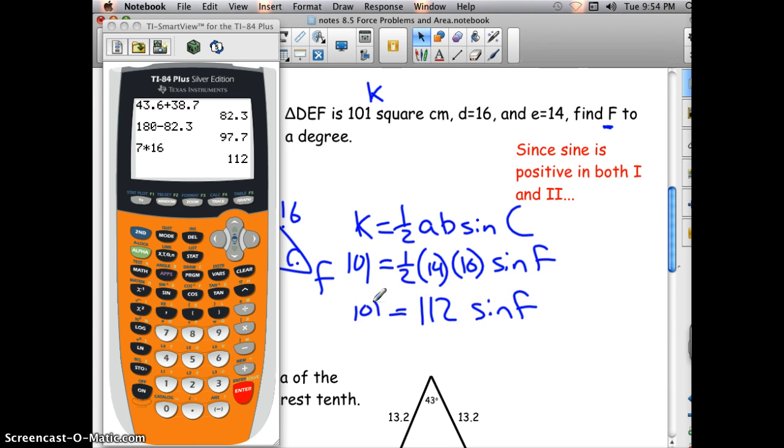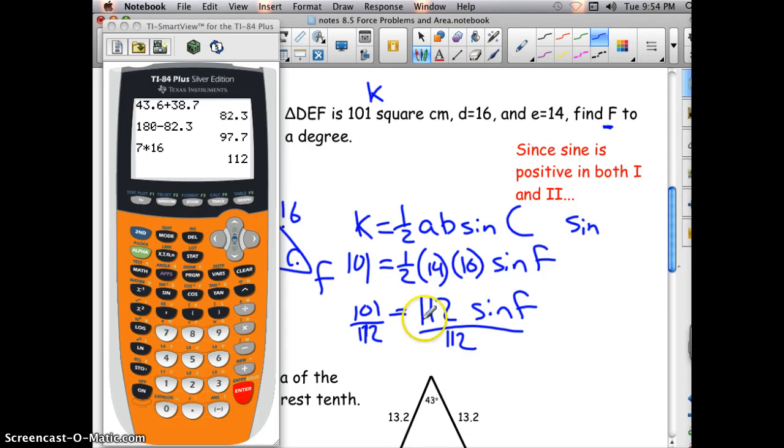Now, I hope at this point you've gotten used to what you should do here. I'm trying to get F, so I'll isolate the trig function first. Here I can divide both sides by 112, and it's really not even necessary to reduce it for that matter. I have sine F equals 101 over 112.